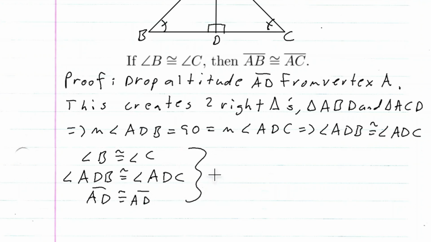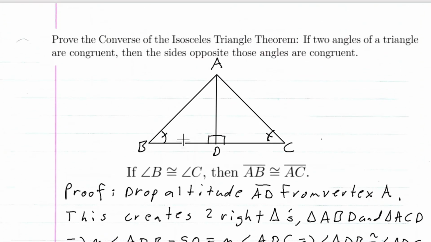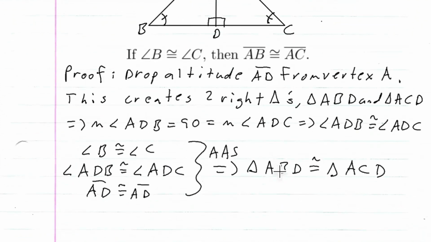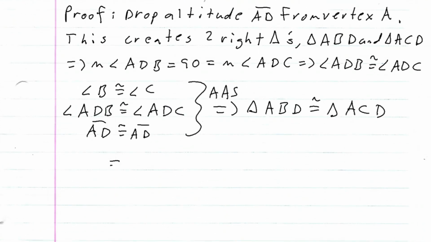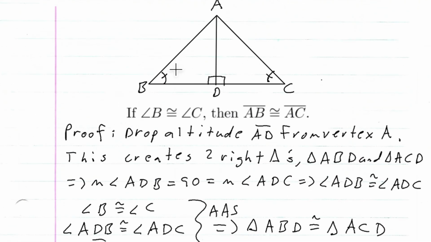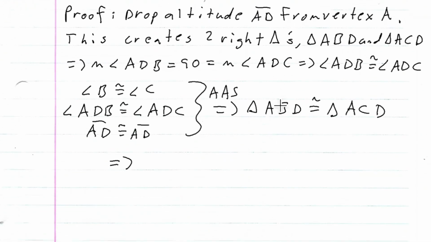So these three things imply by the angle, angle, side congruency theorem that triangle ABD is congruent to triangle ACD. And of course, if this triangle is congruent to this triangle, that means corresponding sides are congruent, which means that AB is congruent to AC.